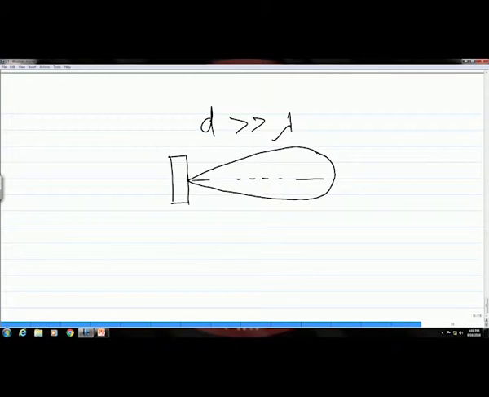Okay, so it becomes directional like this. So, in this case you can see that the beam is divergent. So, it has a divergence angle alpha.